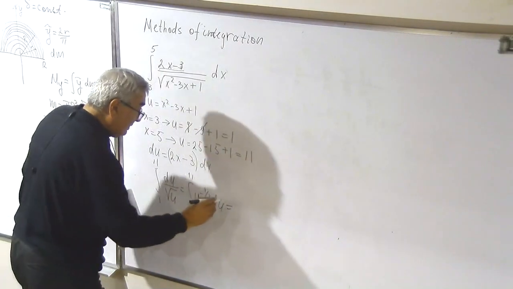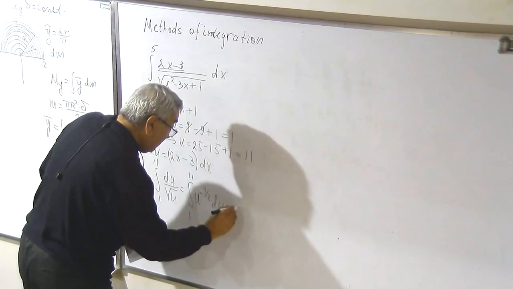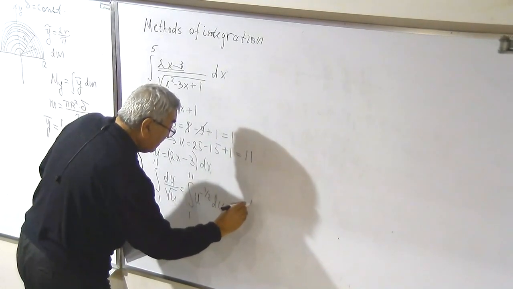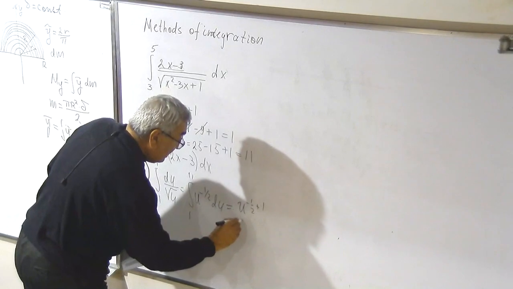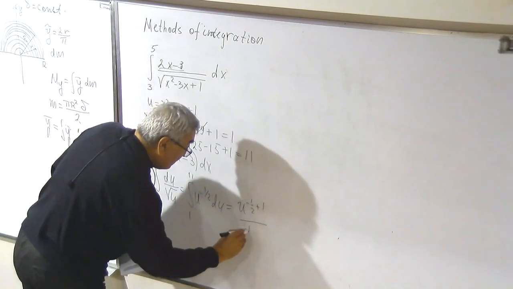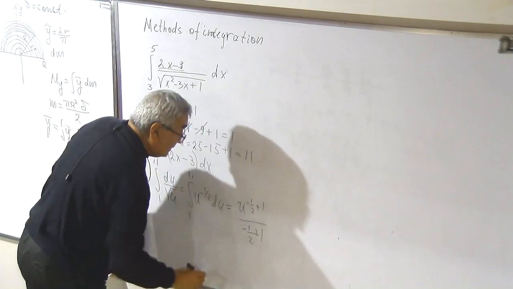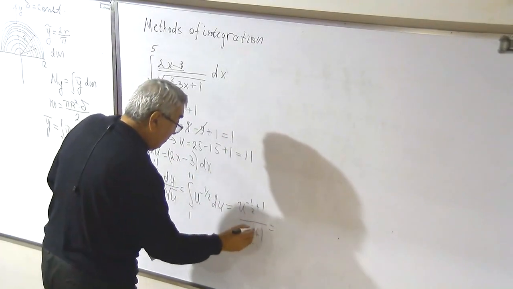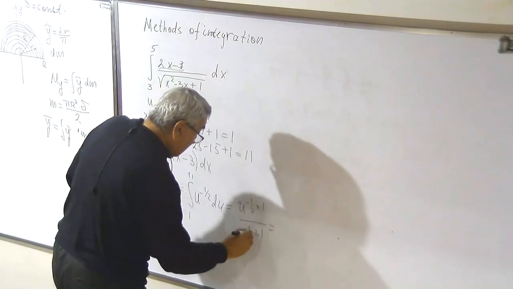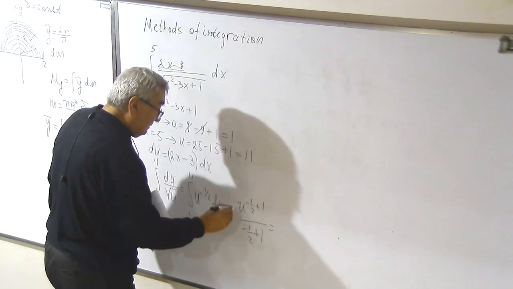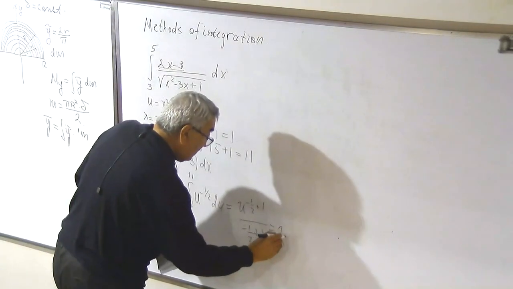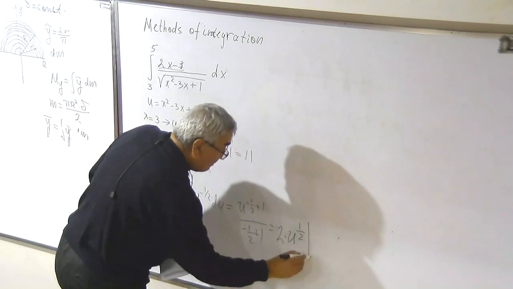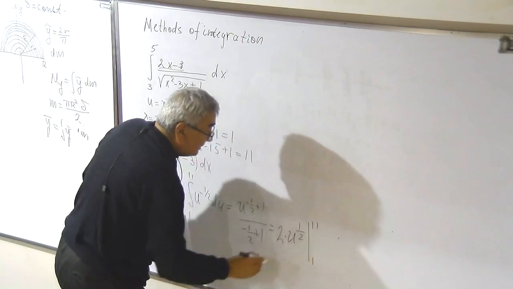This should be equal to u to the power minus 1 by 2 plus 1, divided by minus 1 by 2 plus 1. So this is 1 by 2, that means 2 multiplied by u to the power 1 by 2, from 1 to 11.